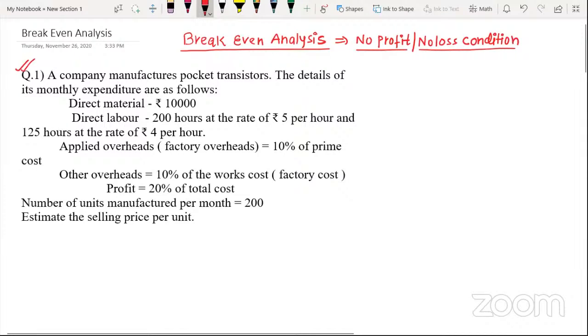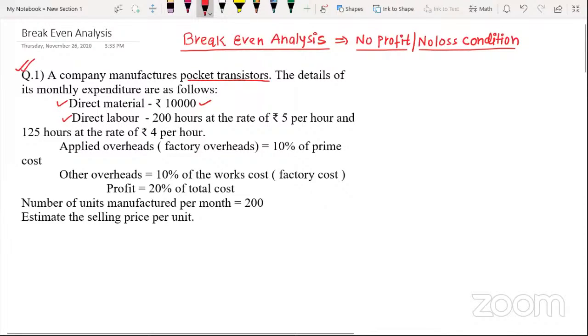First we will read the question, and with the help of the question only, we will try to understand it. It says that a company manufactures pocket transistors, and the details of its monthly expenditure are as follows. The direct material cost is rupees 10,000.